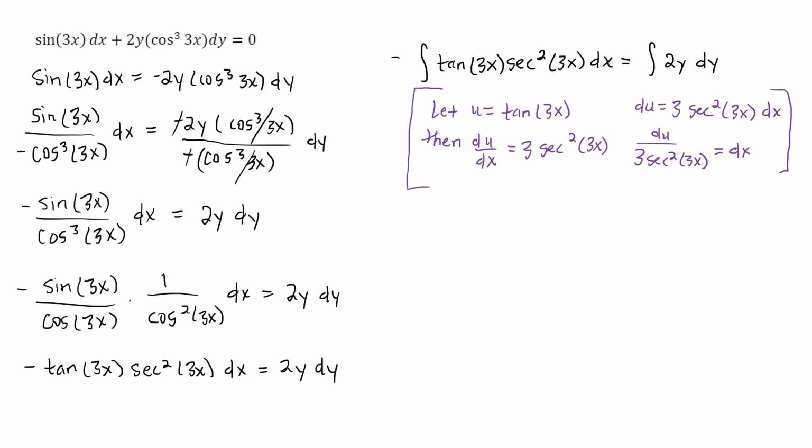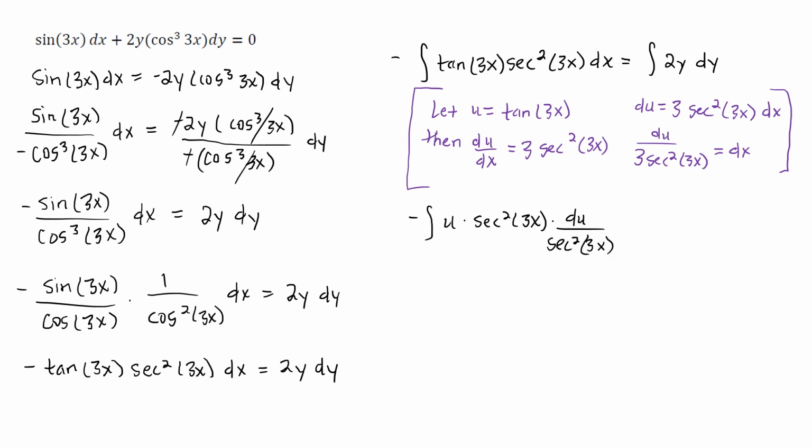So we'll enter in the u substitution. So we'll have the negative tan 3x is u times the secant squared 3x, and then dx now equals du over the secant squared 3x.